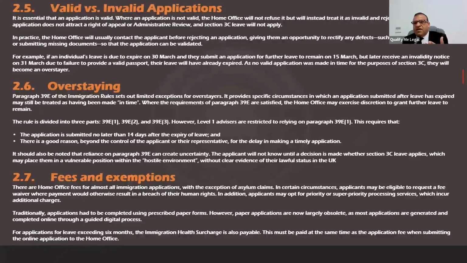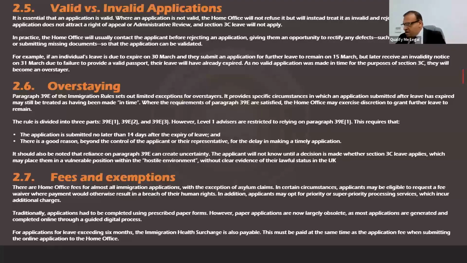And if your client has applied after the expiry of the visa, it's very important to inform your client about the whole outcome under paragraph 39E of the immigration rules. So let's move forward. Fees and exemption. I hope all of you have understood paragraph 39E of the immigration rules.